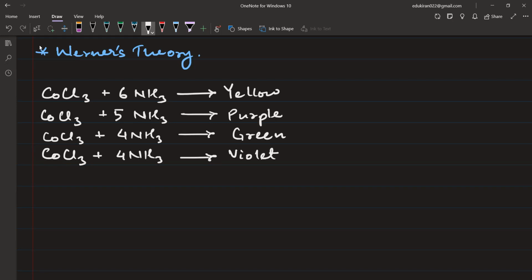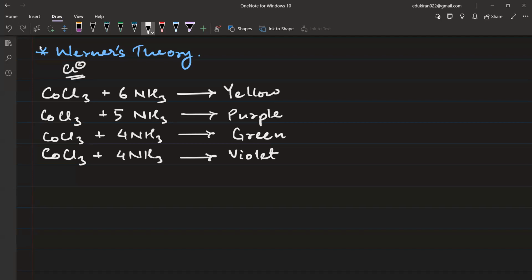Now he thought, okay, fine. Since I am getting these different types of compounds, and at that time complex was not even a word, it was just the start of his theory. Since I have cobalt chloride, there will be some Cl negative ions here for sure.